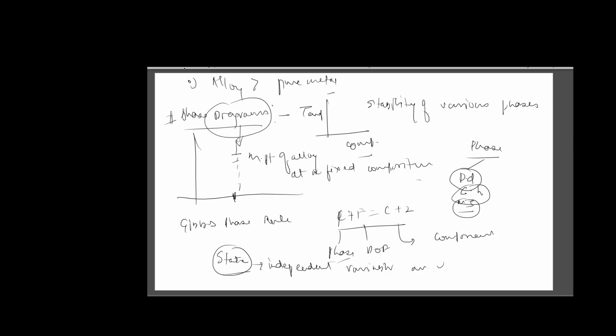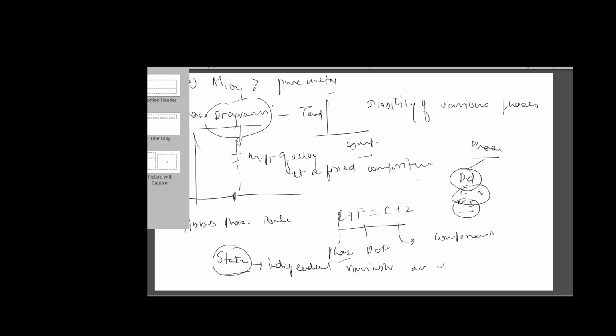Microstructure is stable only when the Gibbs phase rule is satisfied. Since in material science we are only concerned with the microstructure, we focus on the Gibbs phase rule. We try to satisfy it because we want to know which microstructure is stable.